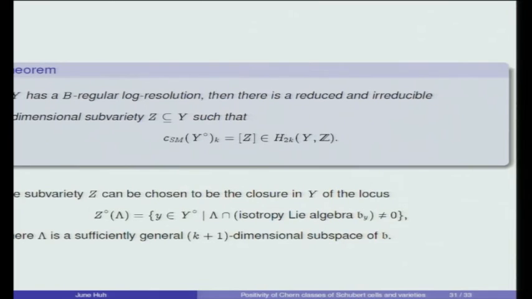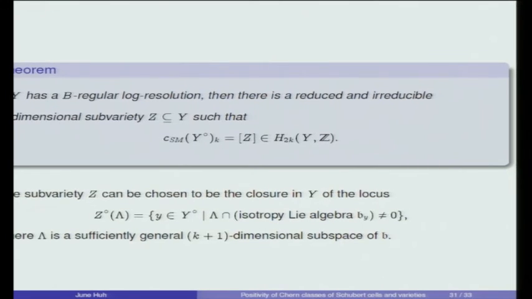If you have a B regular log resolution, there is a reduced and irreducible k-dimensional subvariety whose fundamental class is the k-dimensional part of the Chern class of the open part. So it's not just a non-negative linear combination of classes of subvarieties, but rather the class of a single reduced and irreducible subvariety of the right dimension.